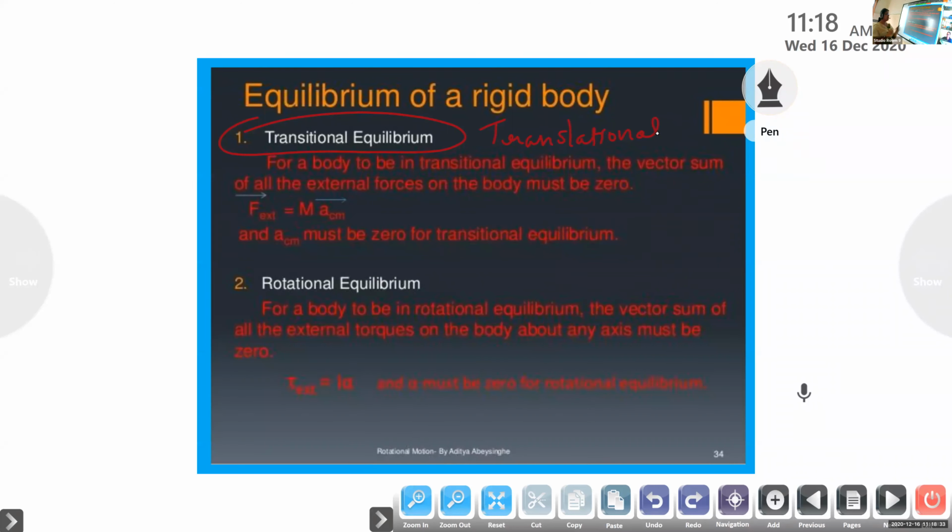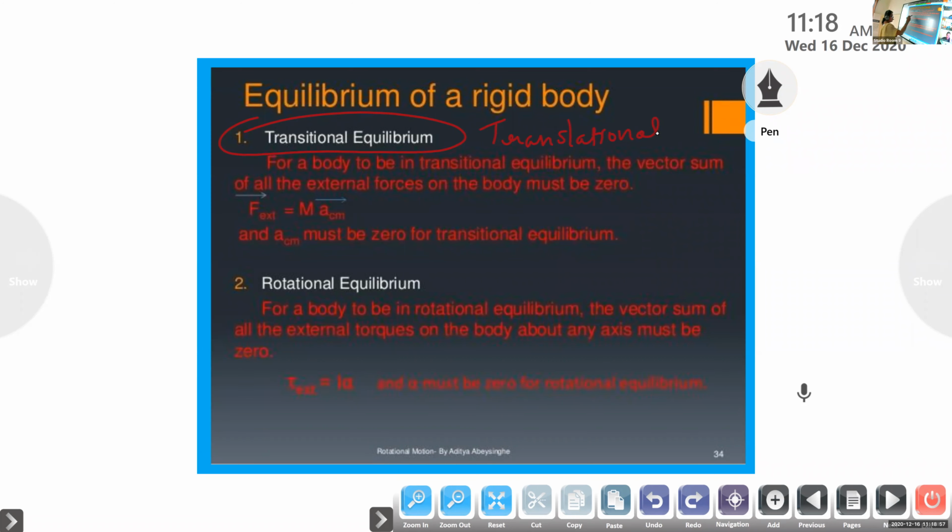So first we learn translational equilibrium. For a body to be in translational equilibrium, the vector sum of all the external forces on the body must be 0. You can just write exactly like that. Nothing is different. That means whatever forces, whether gravitational force, frictional force, everything acting on it should sum to 0.